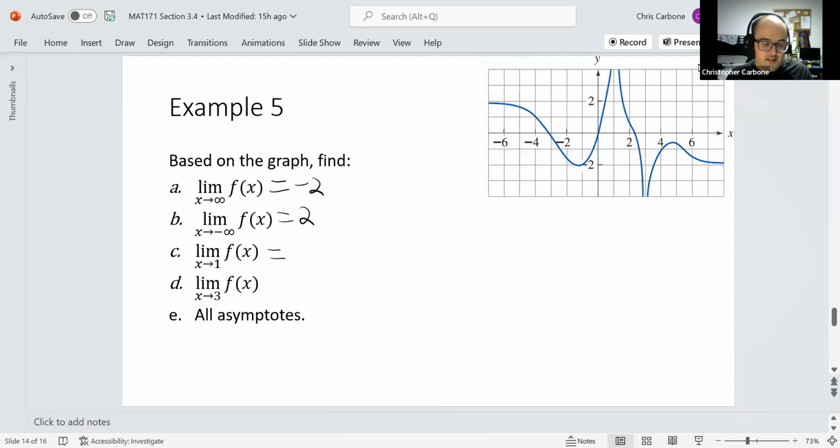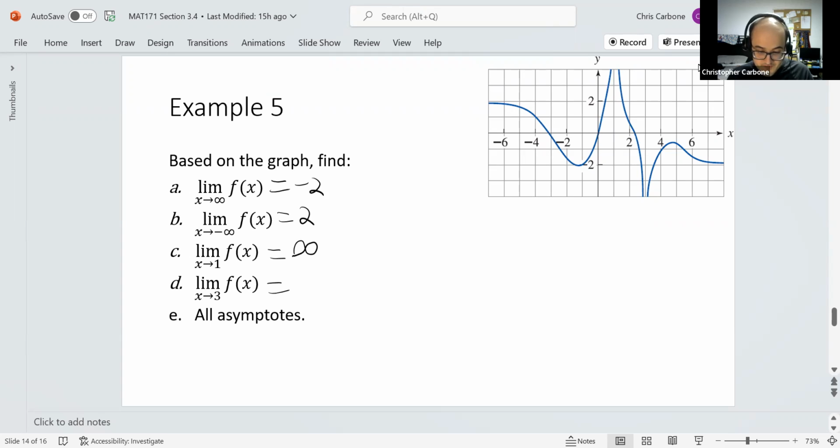If we let the limit as x approaches 1 of f of x, we could see no matter if we're talking about the right or the left-hand limits, both of them approach very large numbers as x approaches 1. So this is positive infinity.